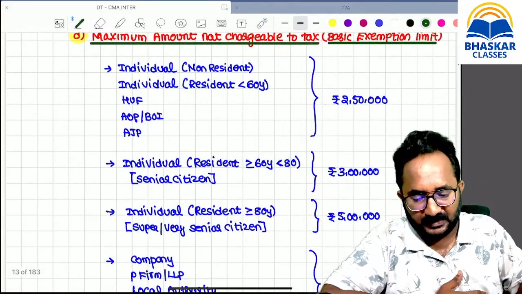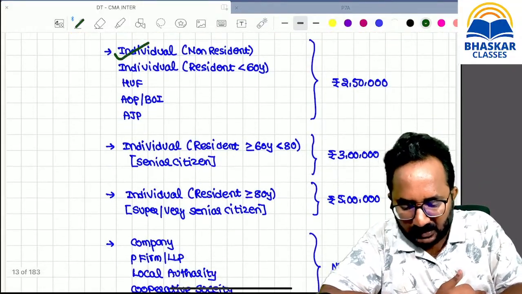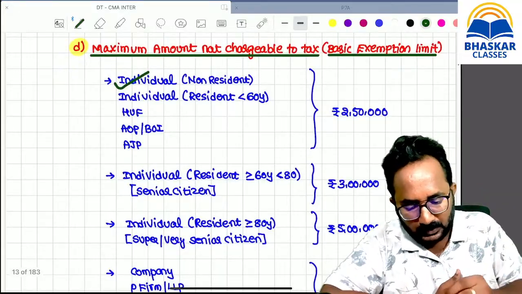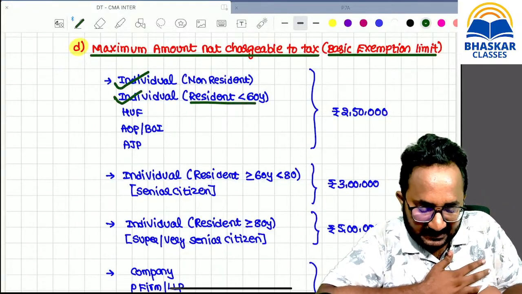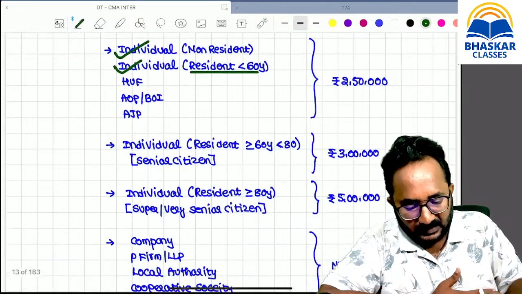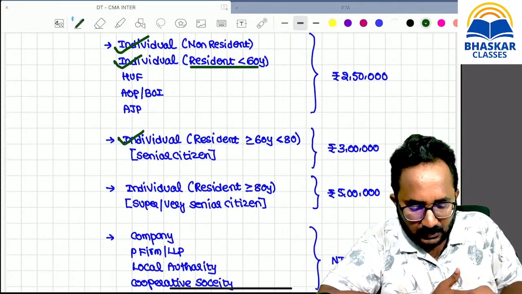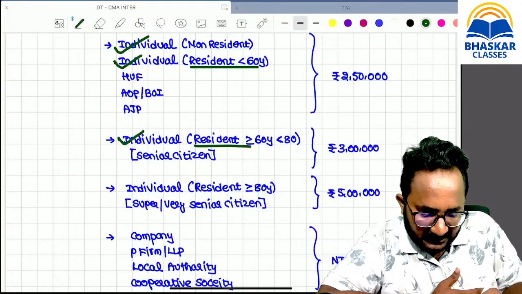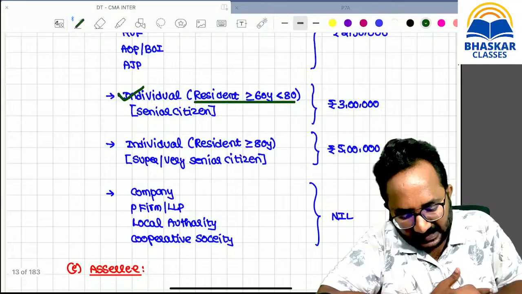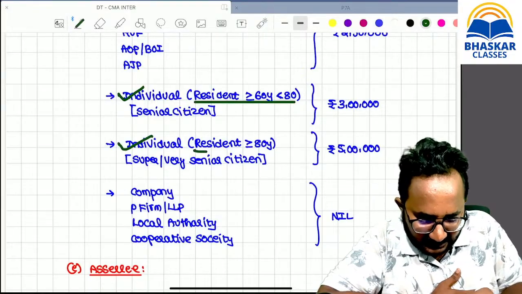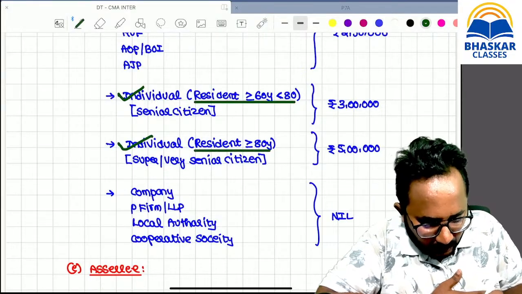In the person definition, consider an individual who is a non-resident, or a resident having less than 60 years. Next, an individual resident having 60 or more than 60 but less than 80. Next, as a separate category, an individual resident having more than or equal to 80 years.